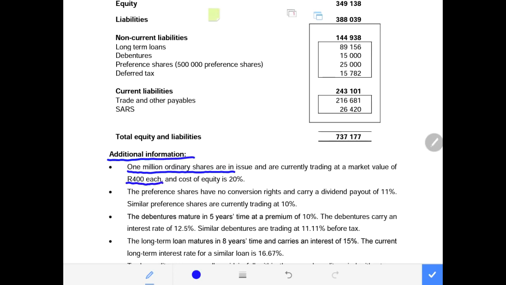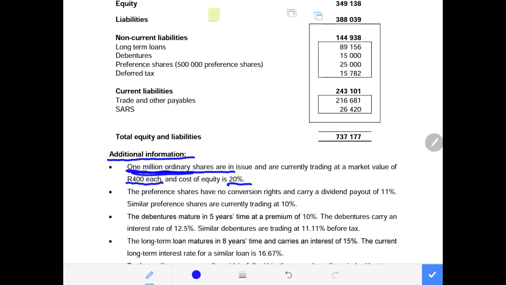So that is the market value of these ordinary shares. Take note of that, it is 1 million ordinary shares. Then we are told that the cost of equity is 20% for these ordinary shares.